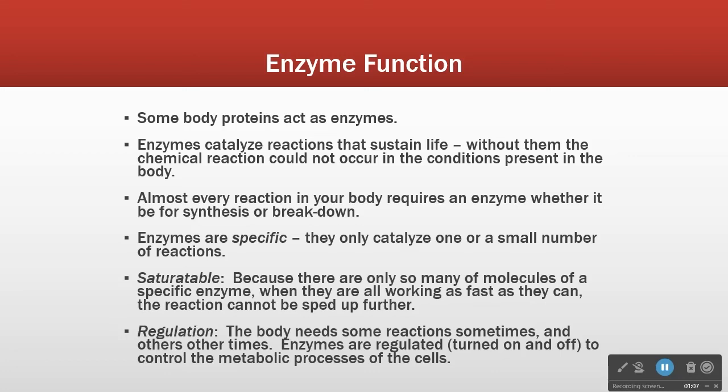The concept of saturatability says this: the reaction that's catalyzed by that enzyme is only going to be as fast as there is enzyme available. In other words, it's not going to go faster if you add more glucose, right? Because the rate of reaction is determined by the number of enzyme molecules, not by the amount of glucose that's present. Does that make sense?